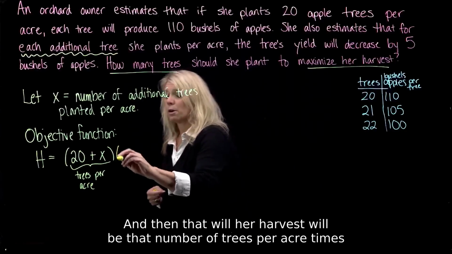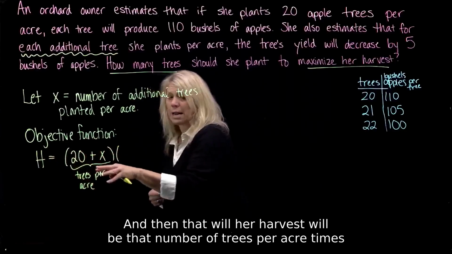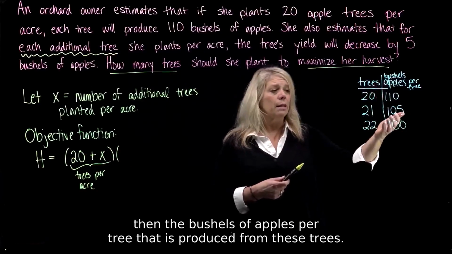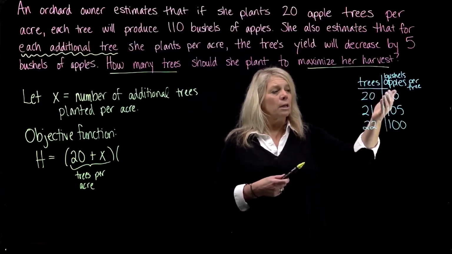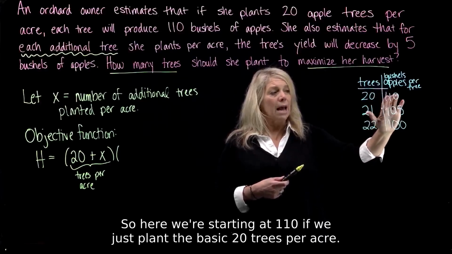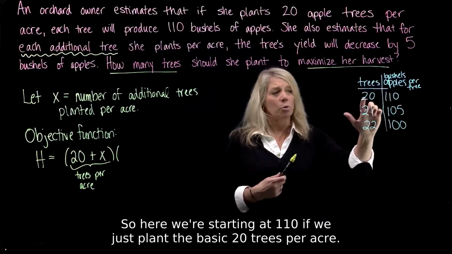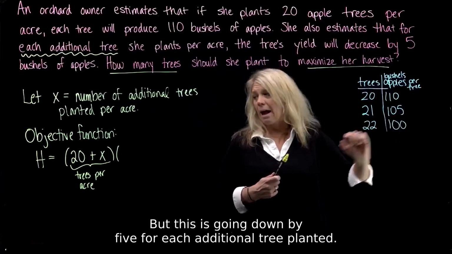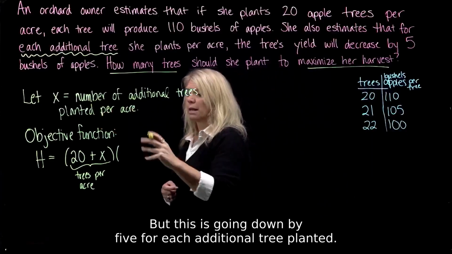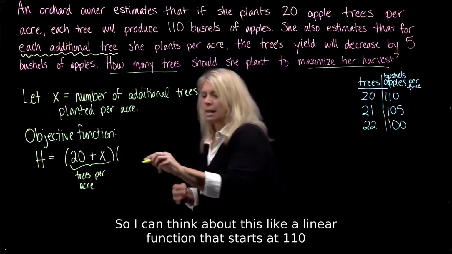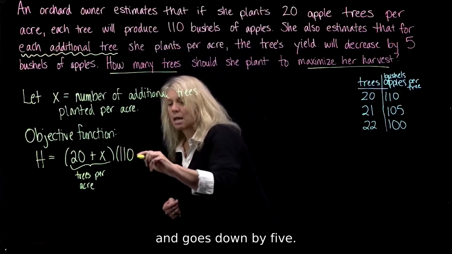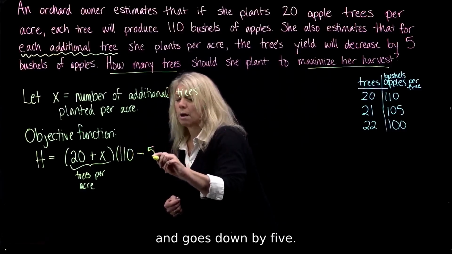And then her harvest will be that number of trees per acre times the bushels of apples per tree that is produced from these trees. So here we're starting at 110 if we just plant the basic 20 trees per acre, but this is going down by 5 for each additional tree planted. So I can think about this like a linear function that starts at 110 and goes down by 5.